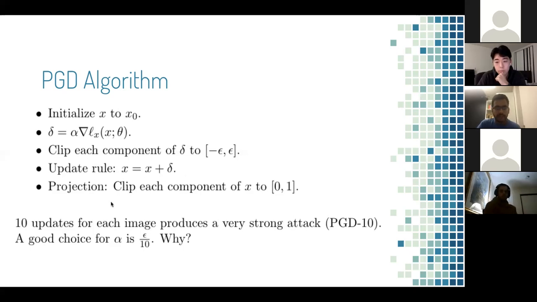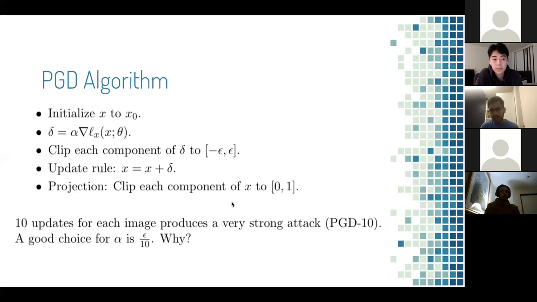So alpha is the learning rate, and typically we get optimal results with 10 updates for each image, and this is something that's called PGD10. So if you repeat this process 10 times for any image X, you're very likely to get an image that looks pretty similar, but the machine learning model does terribly on.